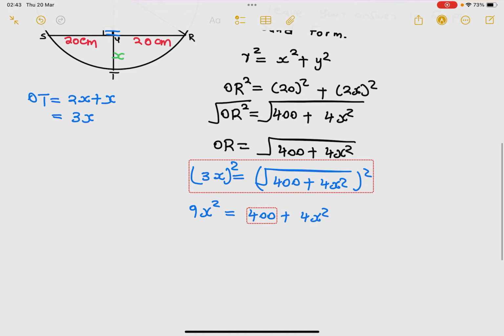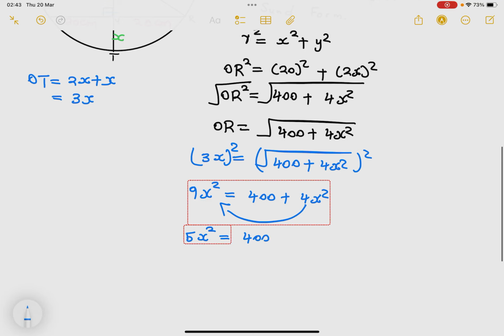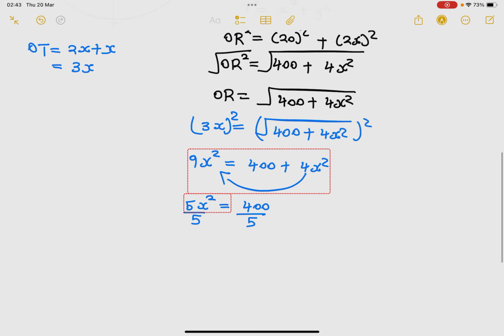Now, if I take this to the other side, I have 9 minus 4, which is 5X squared, and this equals 400. If I divide both sides by 5, I end up with X squared equals 400 divided by 5, which is 80. That's awesome.